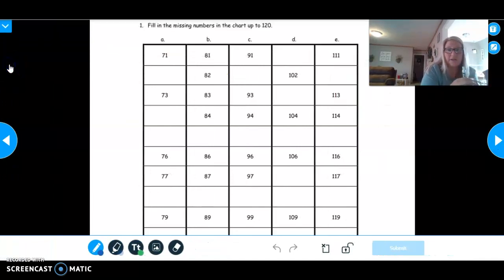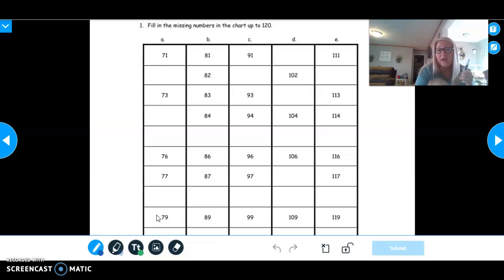Okay, on this one, if you're doing the Nearpod lesson at home, this is just filling in the missing numbers. Notice that the numbers go down, not across like we're used to.